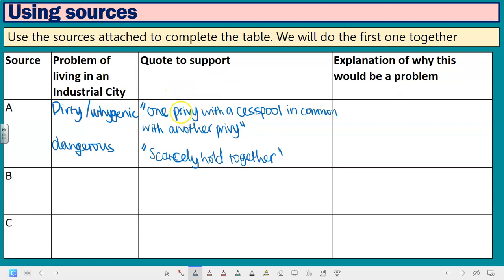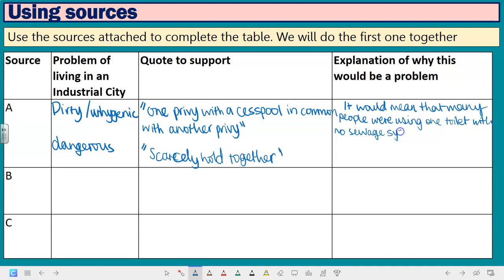So that would be a problem because it would mean that many people were using one toilet with no sewage system.